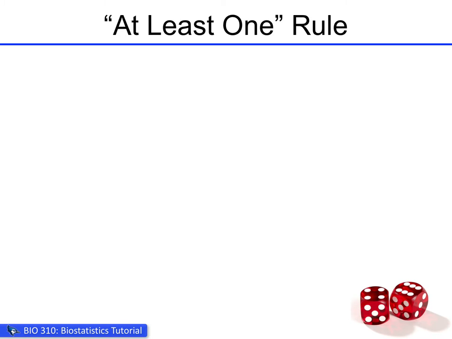All right, so we're going to look at the probability, using dice again here. We're going to look at the probability of rolling at least one 6 in 4 rolls, which we can shorthand as just P, 1, and 4.